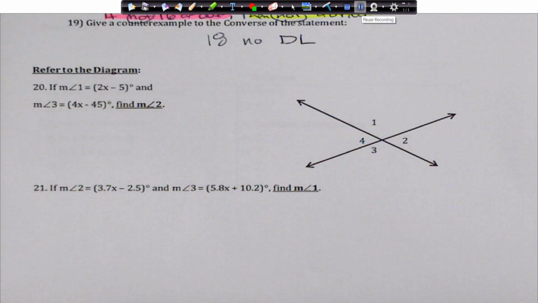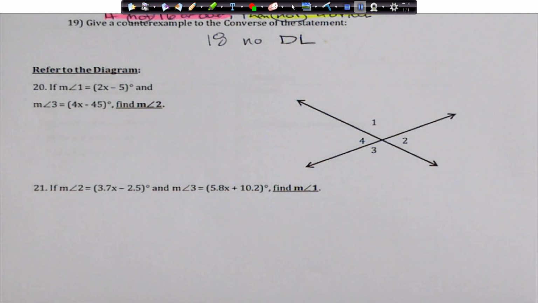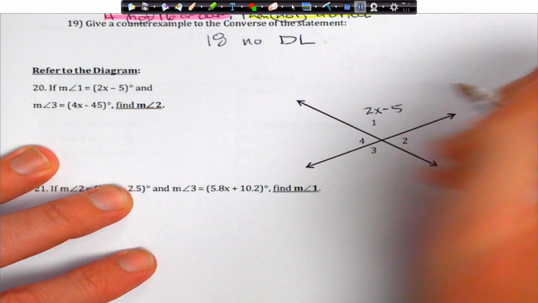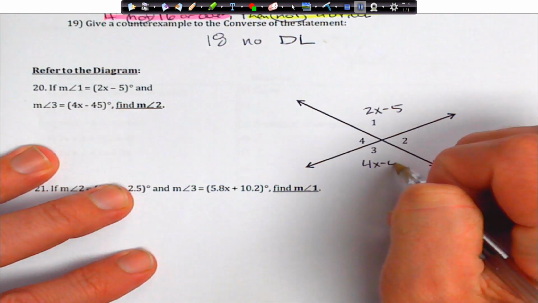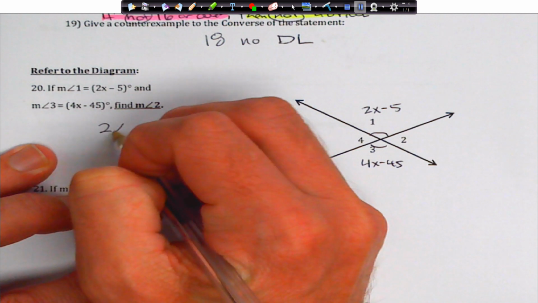Okay, this next one here is referring to a diagram. Ooh, we have an ant. Got it. So angle 1 is 2x minus 5, and angle 3 is 4x minus 45. These are congruent because they're vertical angles, so we can just set them equal to each other.